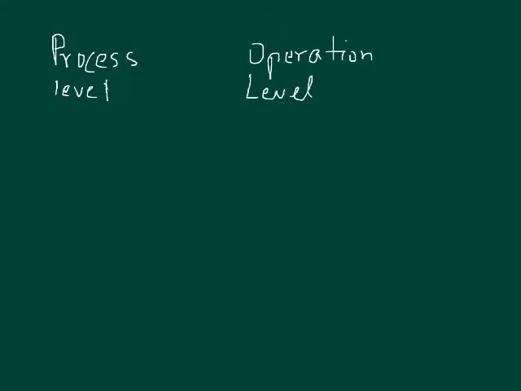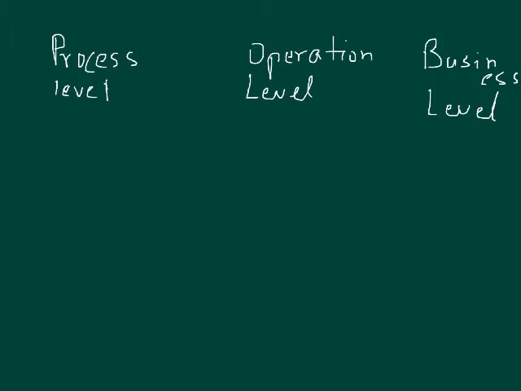So what we have is three levels of an enterprise. One is the process level, the other is the operations level, and the third is the business level.